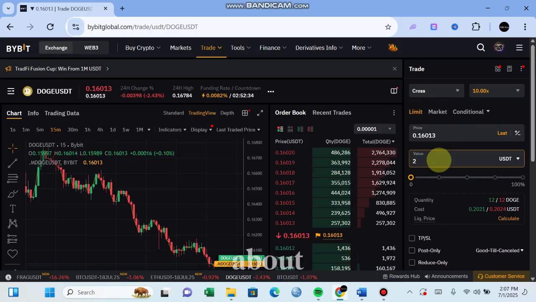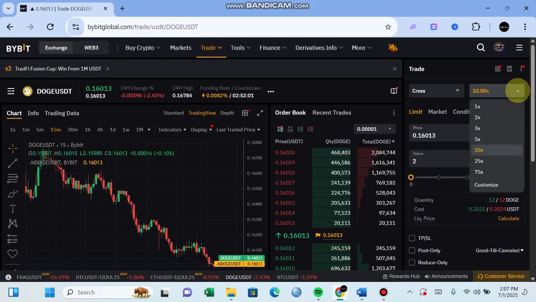But the good thing about cross is that with cross, the liquidation price is very far from your stop loss, while with isolated, your liquidation price is close to your stop loss. You will understand that later. So if you have a very good stop loss and you use cross, before the market goes to your liquidation price, it will first have to hit your stop loss. With that, you just lose the 2 USDT. But if it hits your liquidation price, you lose all the money in your account.